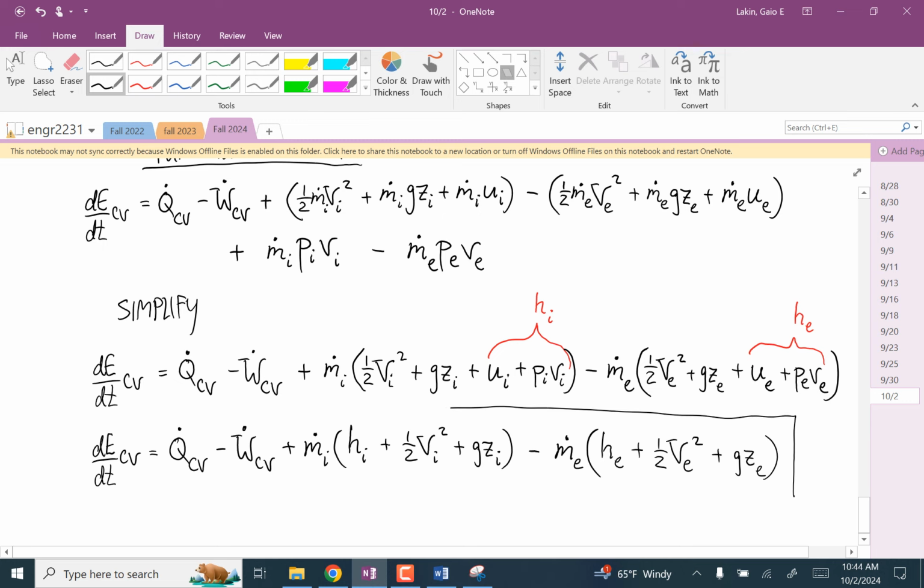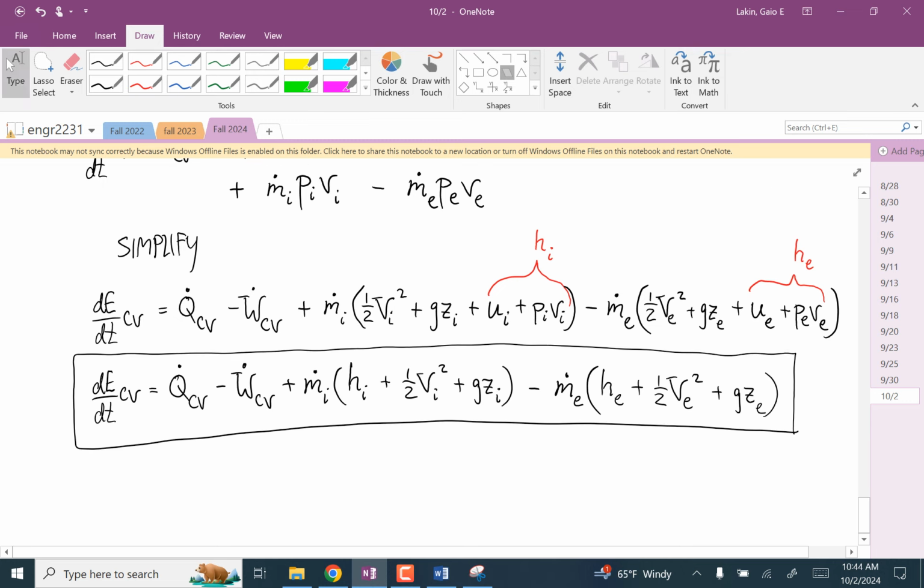So there it is. That's the full form of the first law for control volumes.